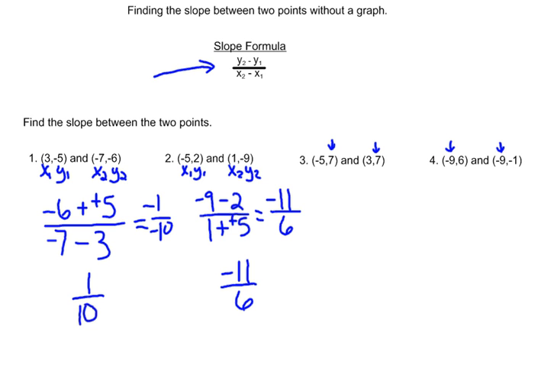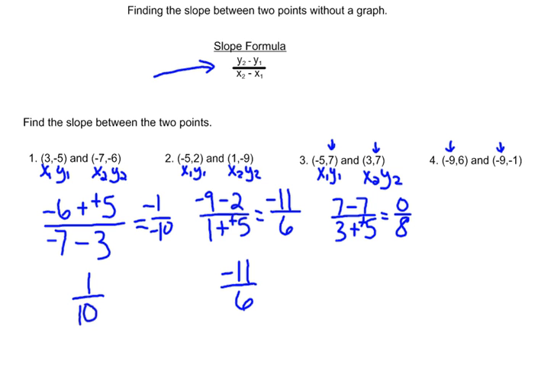So we're going to go ahead and label these x1, y1, x2, y2. And we'll plug these into the slope formula. So we'll go 7 minus 7 over, and x2 is 3 minus negative 5. Down on the bottom, minus the negative turns into plus a positive, and 7 minus 7 on top is 0 over 8.